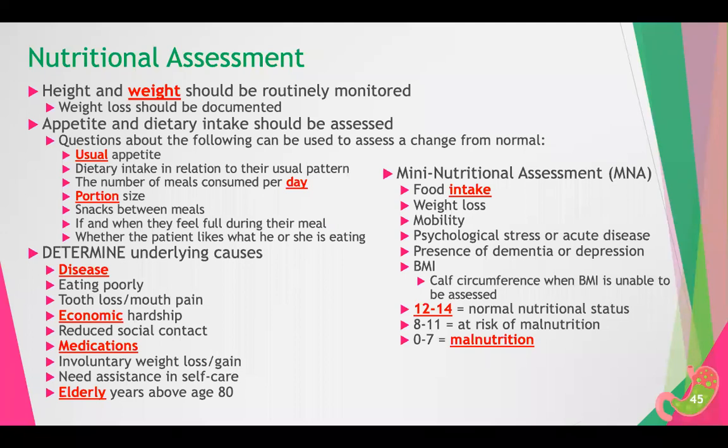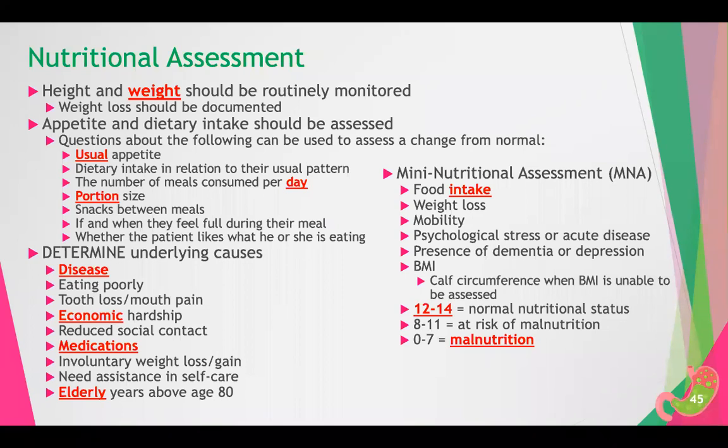When we talk about nutritional assessment, there are underlying causes of inadequate dietary intake, and there's an acronym that lists those areas that should be assessed with those individuals who are malnourished. We want to determine the underlying cause. Is there any disease state that could be causing their decrease in appetite? Are they eating poorly, so are they just not eating enough?